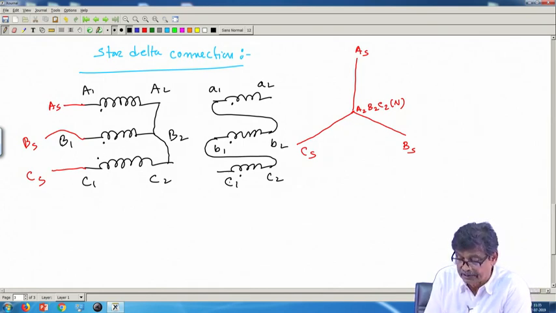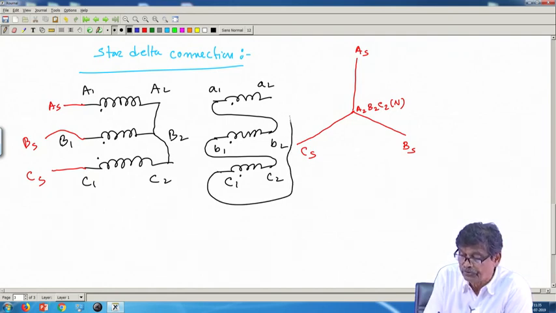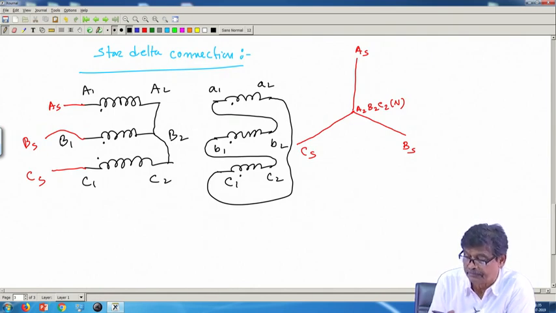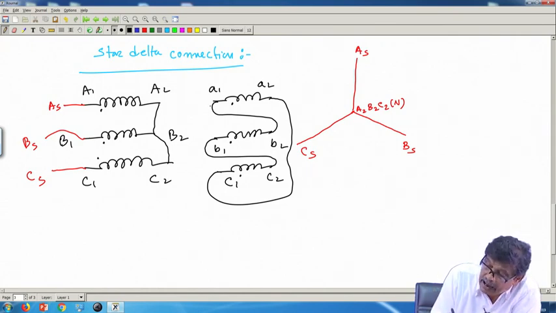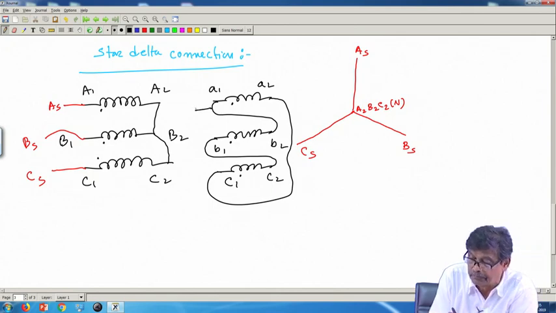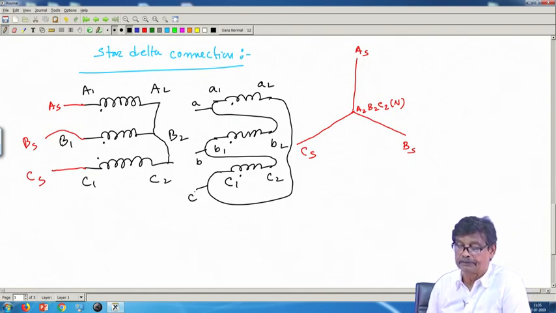So, you connect this closed circuit. There will be no circulating current, because I have been very meticulous, very careful about polarity marking. And this is my output terminal, small a, small b, which will go to the load, a 3 phase load, like that.